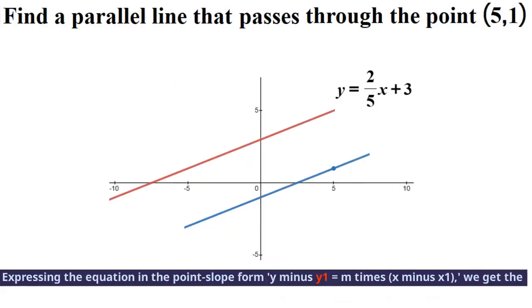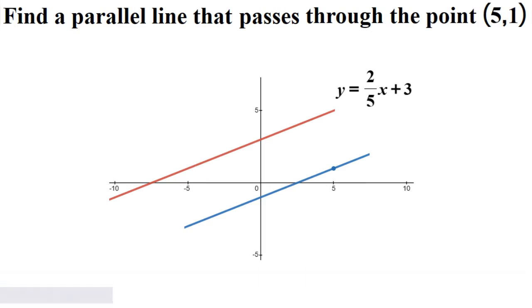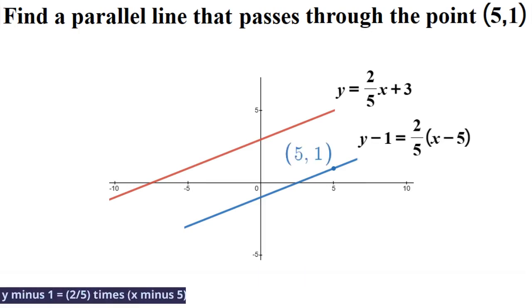Expressing the equation in the point-slope form, y - y1 = m(x - x1), we get the following equation. y - 1 = 2/5 (x - 5).